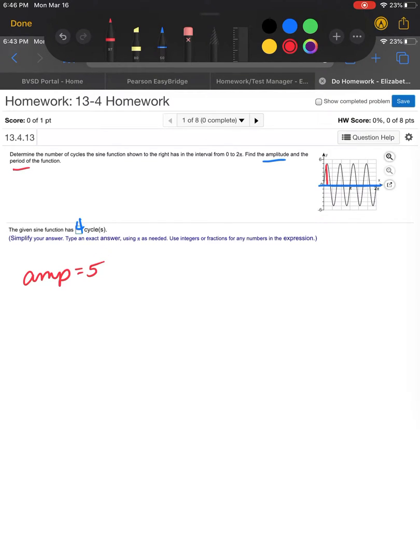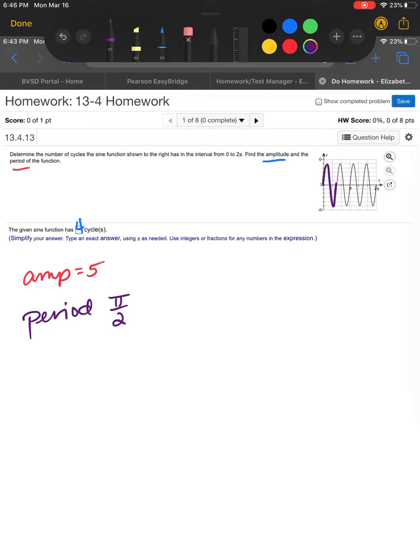And the period of the function. The period is how long it takes to go all the way around. There are 2 ways to do that. We can look at the graph. We can see that this is 1 full cycle, and that looks to be about half pi, or pi over 2. So period, we're thinking, looks like it's about pi over 2.